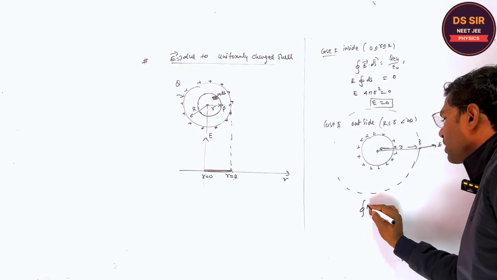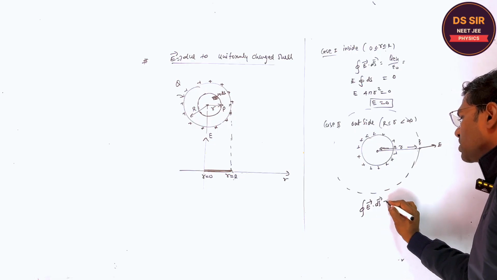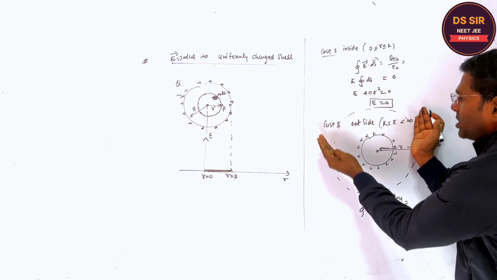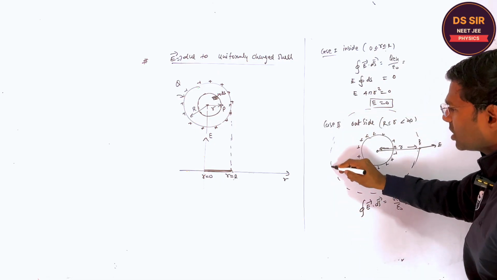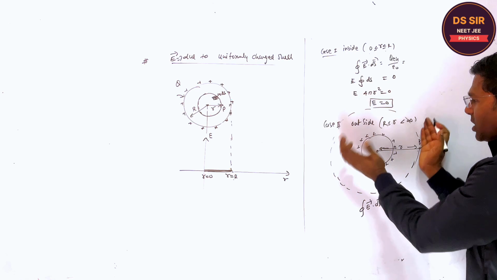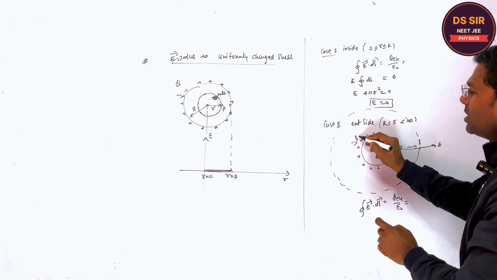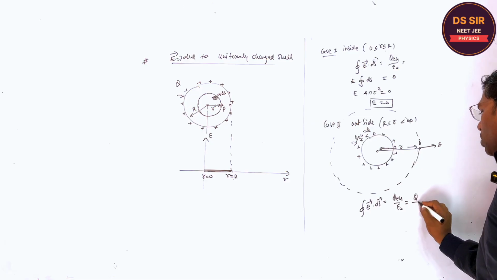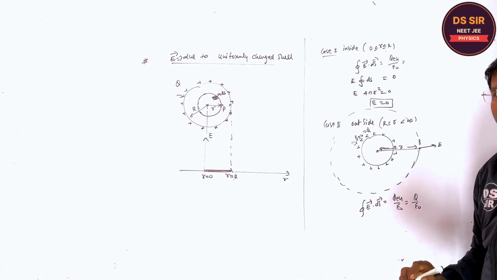So if we apply, the net outward flux is equal to charge enclosed divided by epsilon naught. This is the Gaussian surface. What is the net charge enclosed by this Gaussian surface? It is equal to Q. Are you getting or not? Yes.